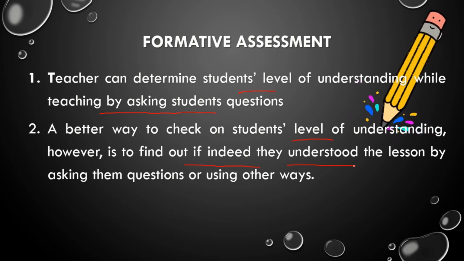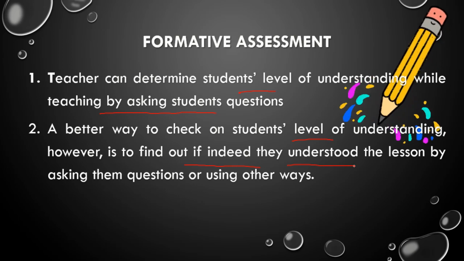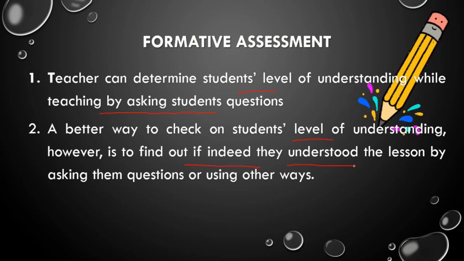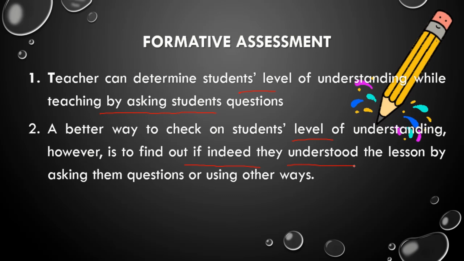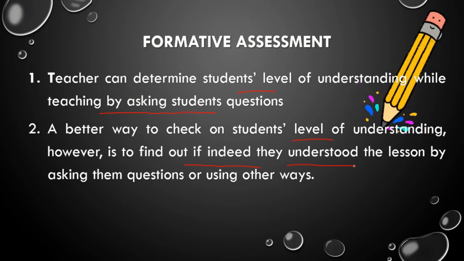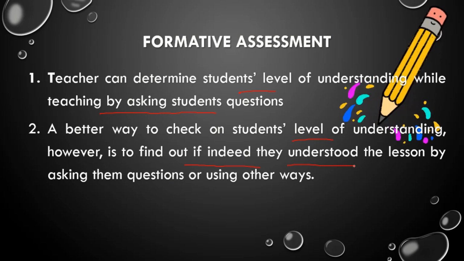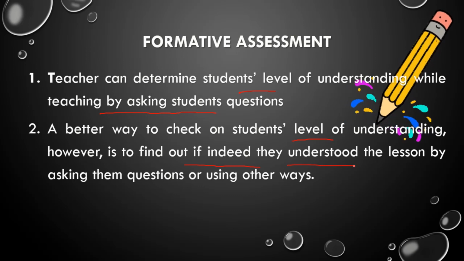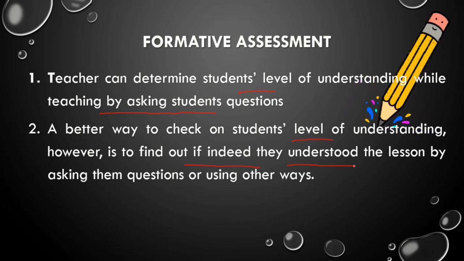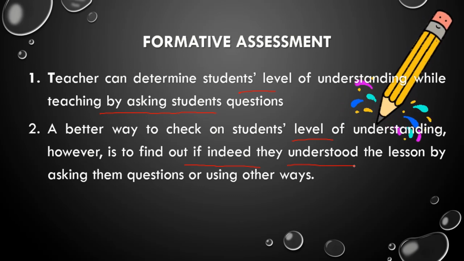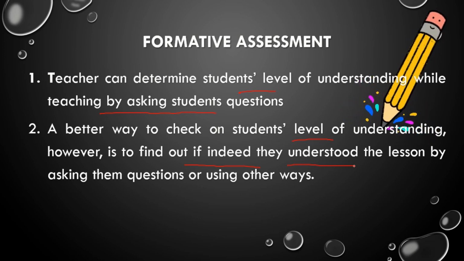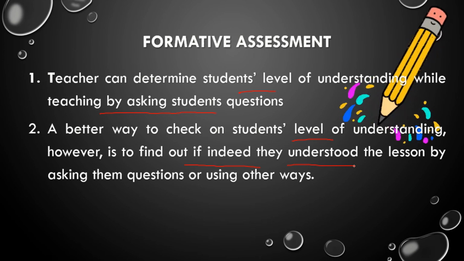For example, a usual question the teachers ask to find out if their students can follow the lesson is, "Did you understand?" The students usually respond in chorus, "Yes, ma'am," or "Yes, sir." Here, a better way to check on students' level of understanding is to find out if they really understood.